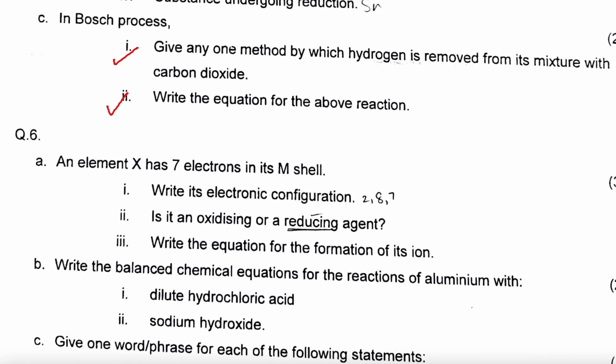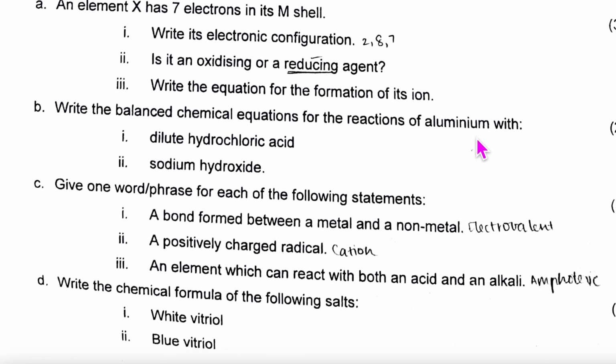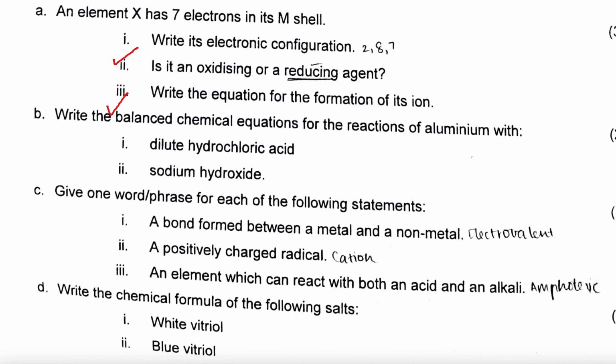Element has 7 electrons. In which shell? M shell. What does M shell mean? You have K, L, M. So this will be 2, 8, 7. Understanding? What is the configuration? See, you got it. Is it oxidizing or reducing agent?